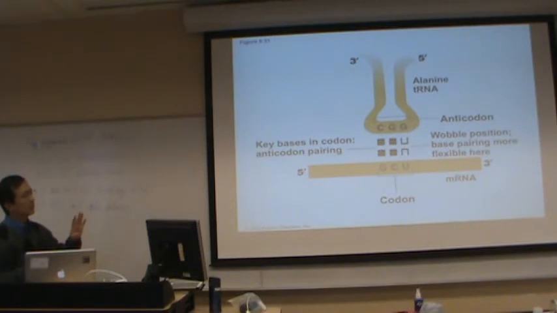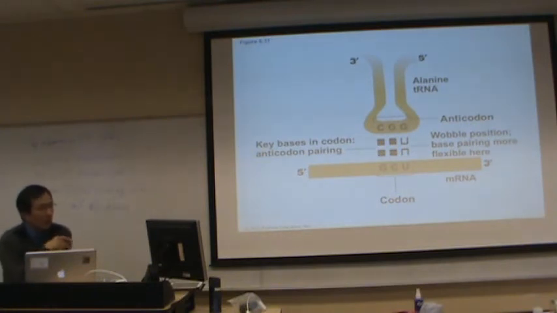Usually multiple codons code for one amino acid. Altogether there should be 64 combinations, but not all of them have a corresponding tRNA. Many of the codons are recognized by the same tRNA because of this wobble position.